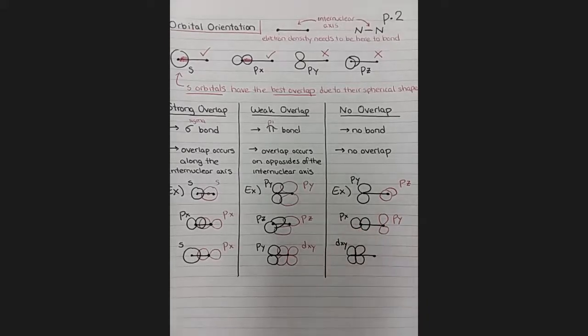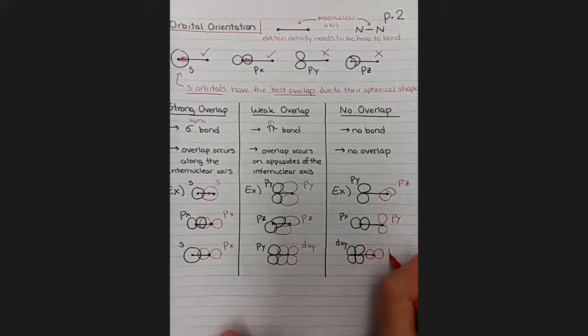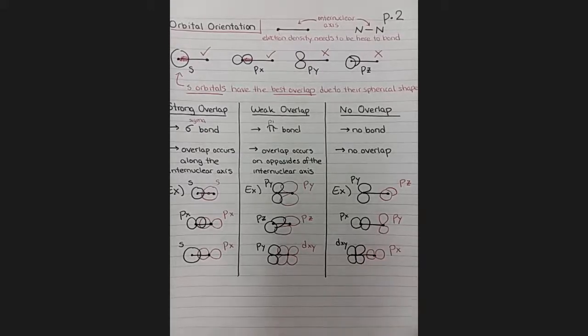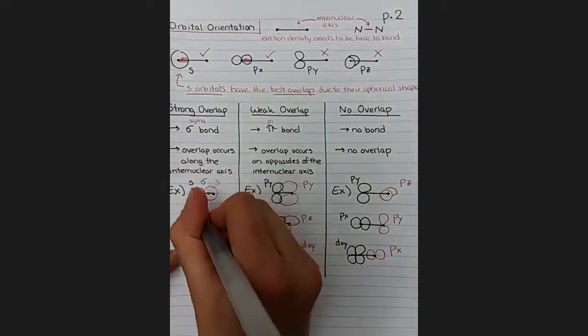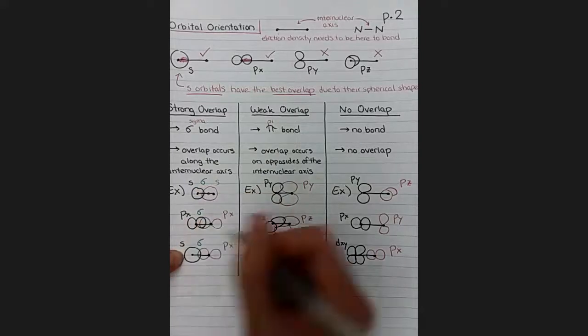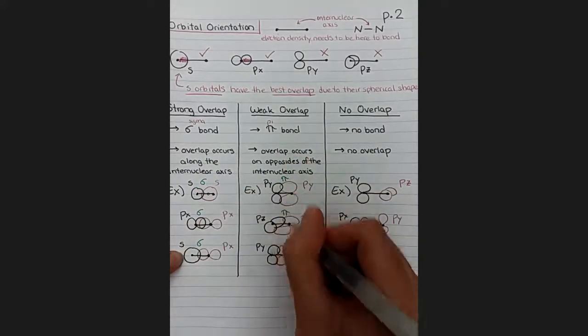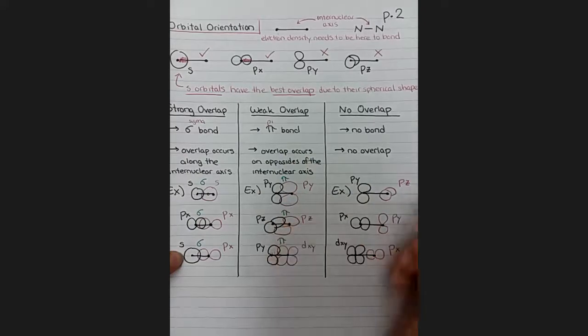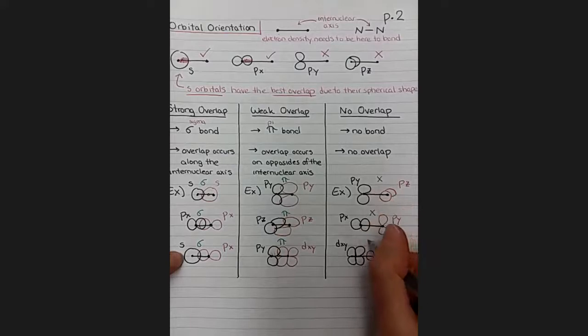So here's a dxy orbital with the px orbital. Not super helpful. Not a lot of overlap going on there. So these good overlaps are going to result in sigma bonds. These okay overlaps are going to result in pi bonds. And these non-overlaps are not going to result in any bond at all.